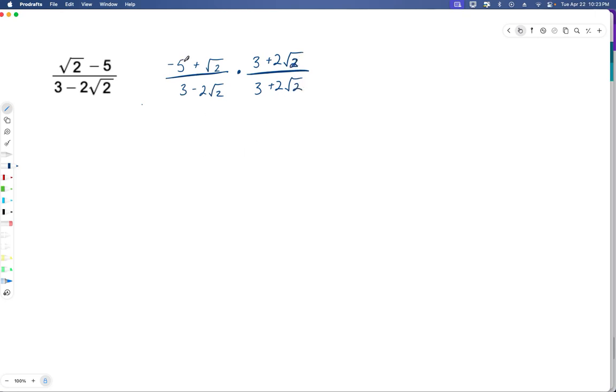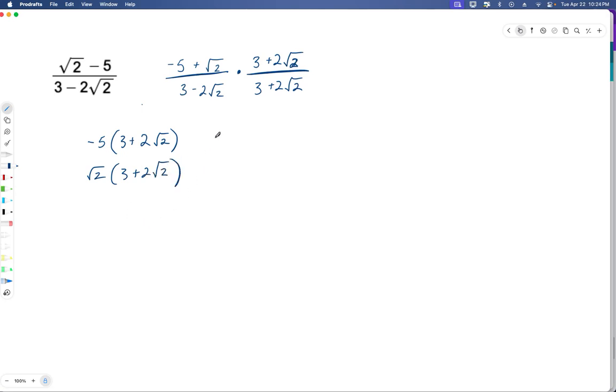All right, now that this is more complicated, I'm going to split this up as well. So negative 5 times 3 plus 2 square root of 2, and square root of 2 times 3 plus 2 times the square root of 2. This is the numerator.